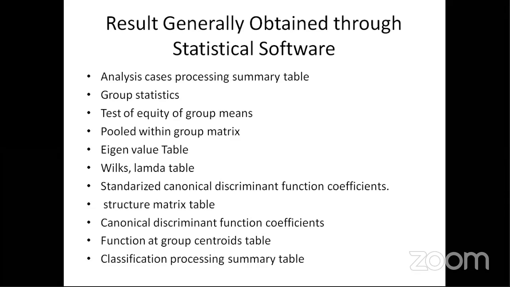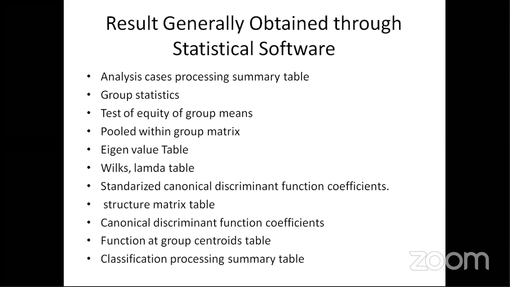we should see the relationship among the variables, that is, we calculate the correlation between all the variables. If they are related, highly correlated, then we should not go for discriminant analysis.